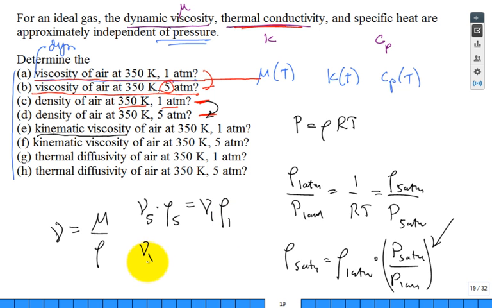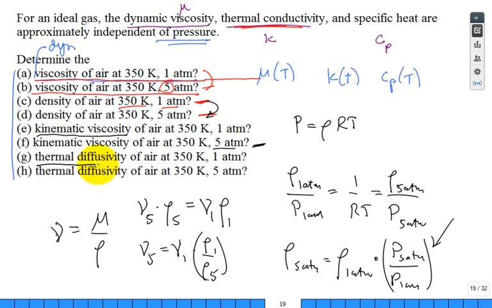So the nu at 5 atm is the nu at 1 atm times rho of 1 divided by rho of 5, or you divide by 5. So there you go, for 5 atm.